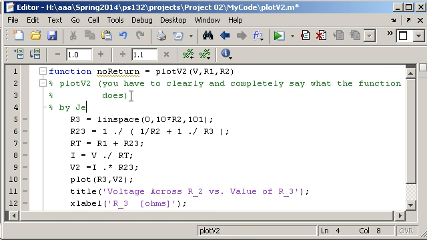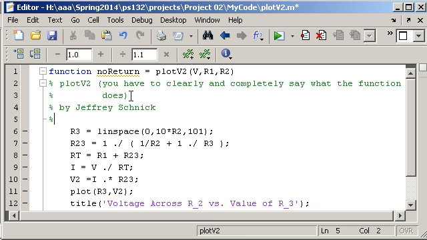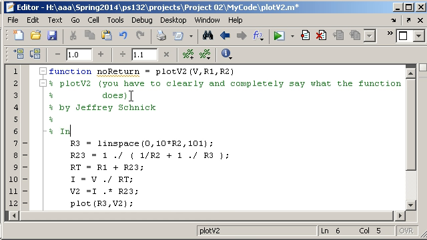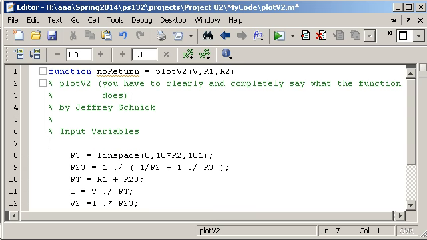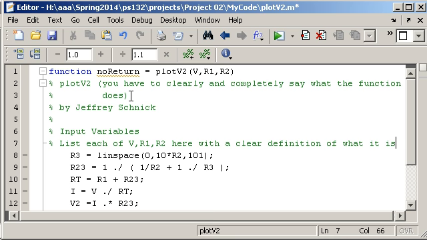percent by, then percent input variables: list each of V, R1, R2 here with a clear definition of what it is.